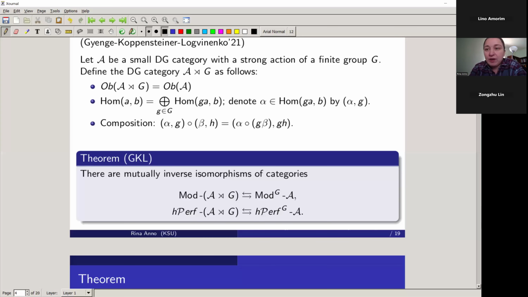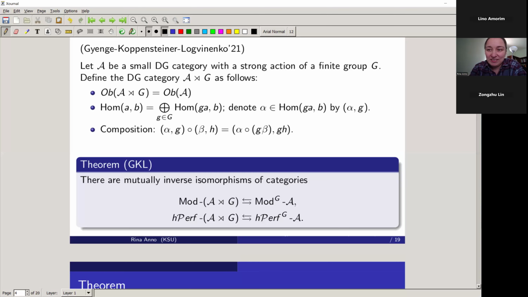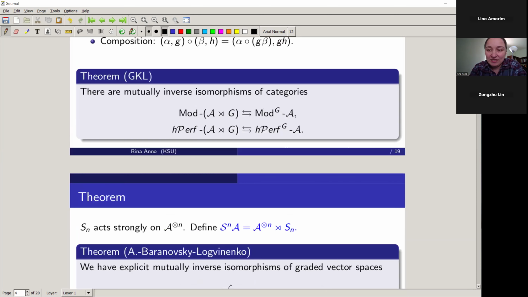Sorry, Zhongzhu, have I answered your question? Yes, but I have been thinking of a very trivial case where A is just a vector space over a field and G is a finite group, in particular where the characteristic of the field divides the order of the group. So there are issues here.